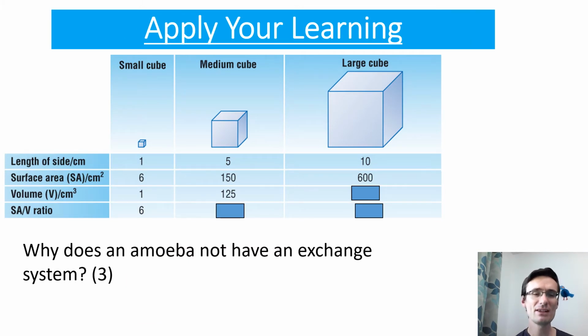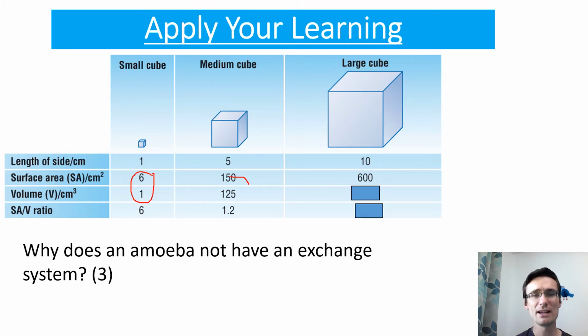And again, you might be given examples in an exam that look something like this, okay? So here we've got exactly the same as just a moment ago. You've got a cube that's just 1 centimetre, let's say, in length. So it'd be 6 divided by 1. So it would have a surface area to volume ratio of 6. This one's got a side length of 5.